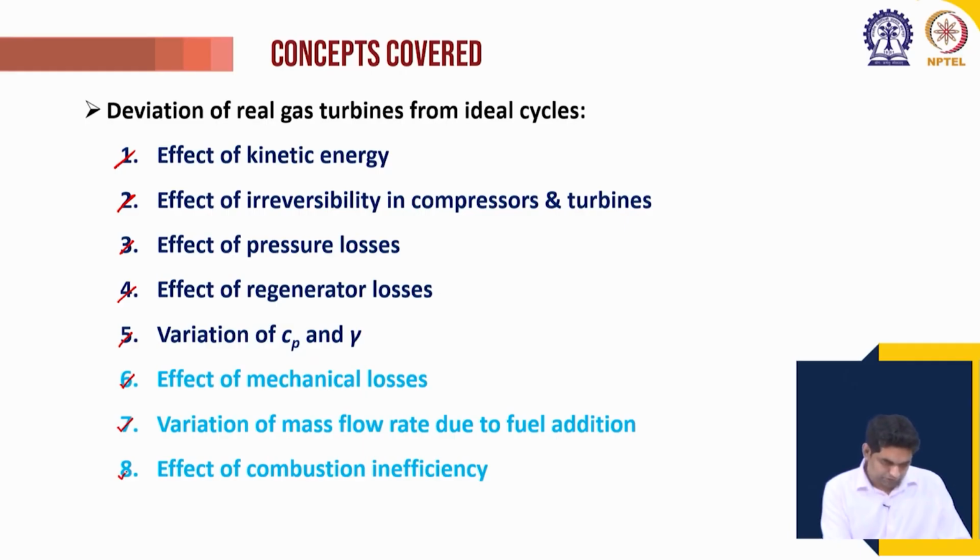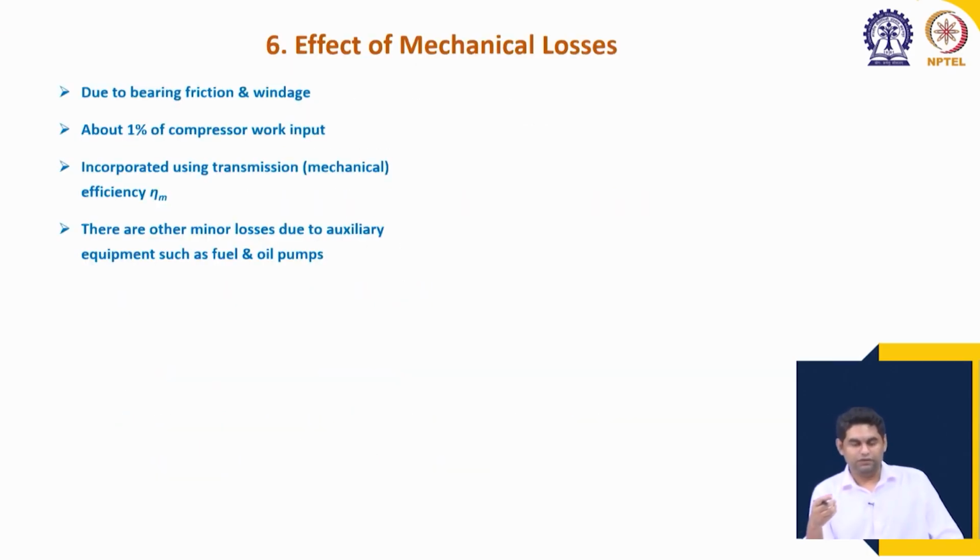And finally, we will also consider that combustion may not be fully complete. So, there can be slight inefficiency. What is the effect of that, and how do we incorporate that into our calculations? We start with the first of these 3, which is the effect of mechanical losses.